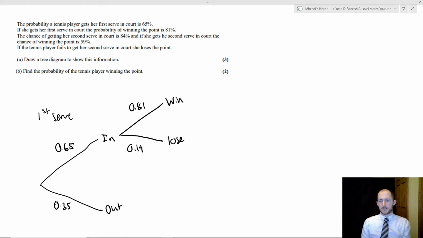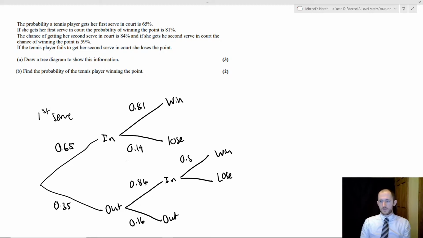Okay, second serve in the court. So if it's out on the first one, chance that she gets it in versus out on the second one. Chance of getting it will be 84%, so that's 0.84, which means this would be 0.16. And if she gets the second serve in the court, then the probability of winning is 59%.